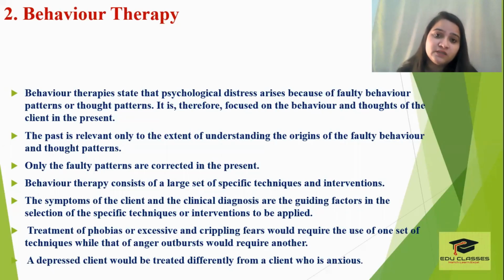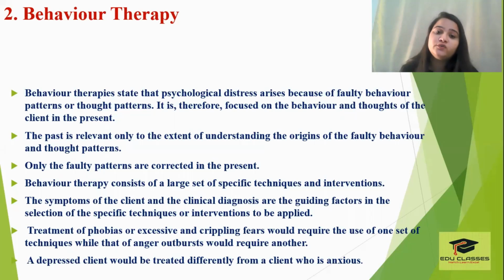Interventions basically means some of the things the therapist does with the client, which helps the client to deal better in the present scenario. The symptoms of the client and the clinical diagnosis are the guiding factors in the selection of specific techniques or interventions to be applied.